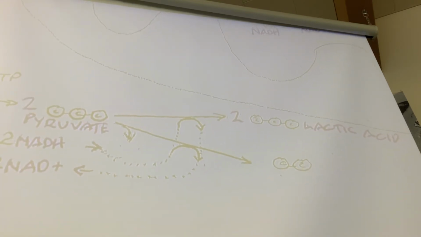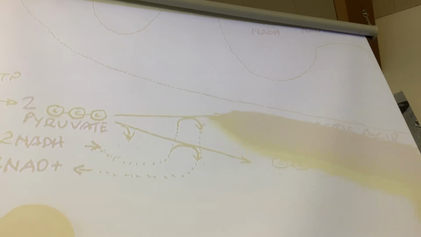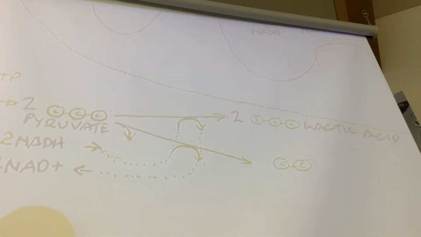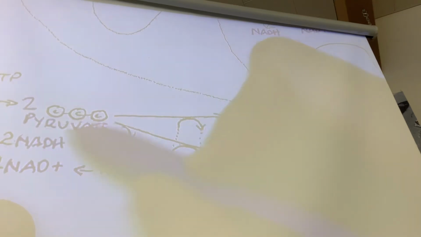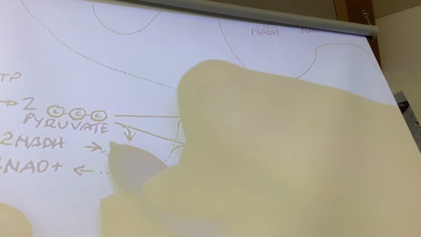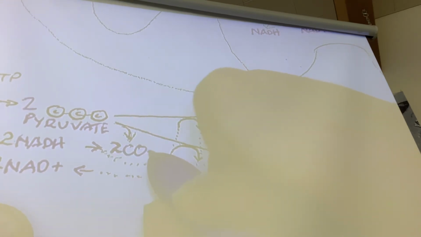Now, other organisms, like yeast, for example, don't have the same enzyme we do. They have 2 different enzymes, and those enzymes allow them to do alcoholic fermentation. In this case, first an enzyme interacts with the pyruvate and removes a carbon dioxide. Since we have 2 pyruvate here, we're going to remove 2 CO2s.